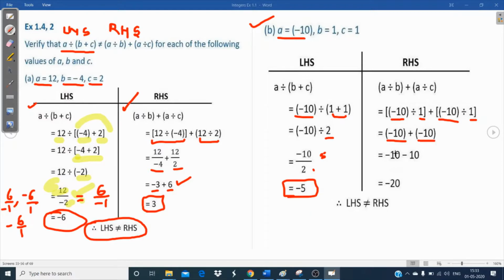Now when you open this bracket, -10, again here plus minus will change to minus, then 10. So minus minus, what will you do? Plus. So what will you get? 20, and the sign will be of the bigger number. Now since both numbers have the negative sign, you can put the minus sign. So in RHS, what value are you getting? -20, and in LHS you are getting -5. Therefore both values are different. So this only we need to verify: LHS is not equal to RHS.